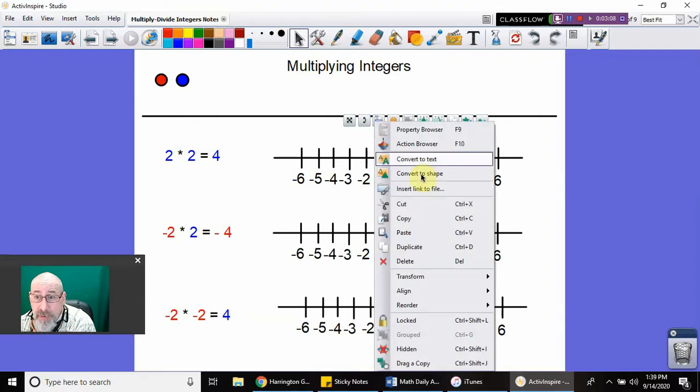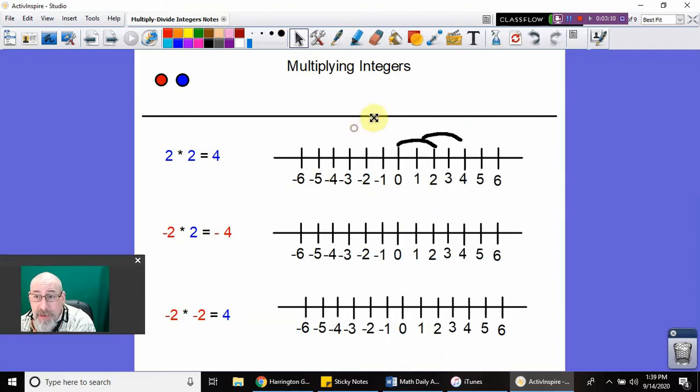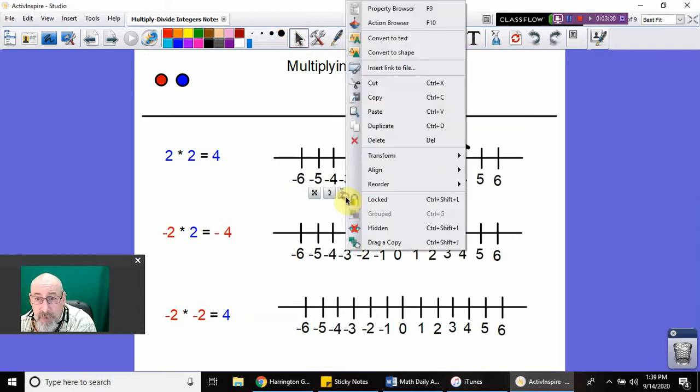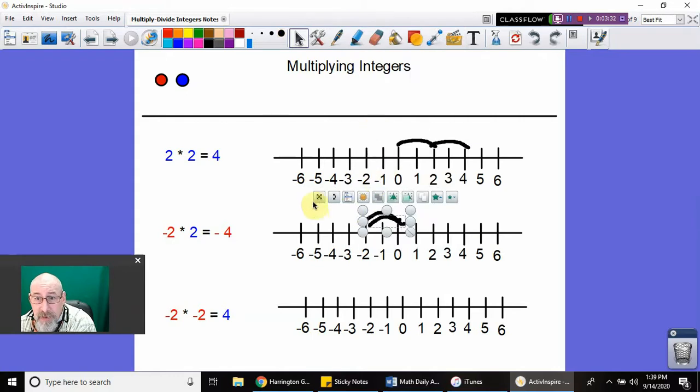So if I duplicate this, because I'm adding it twice, as you can see, our answer is 4. Well, here we have negative 2 times 2, which means negative 2 plus negative 2. So we have negative 2, and we're going to duplicate that. So negative 2 plus negative 2. As you can see, we end up with negative 4.